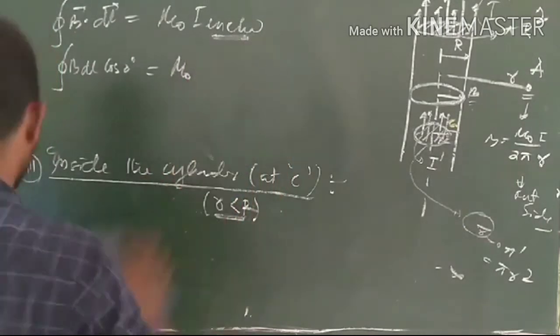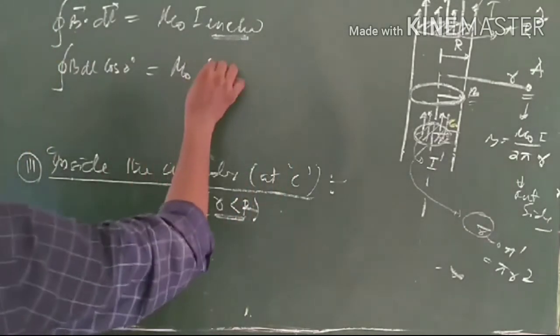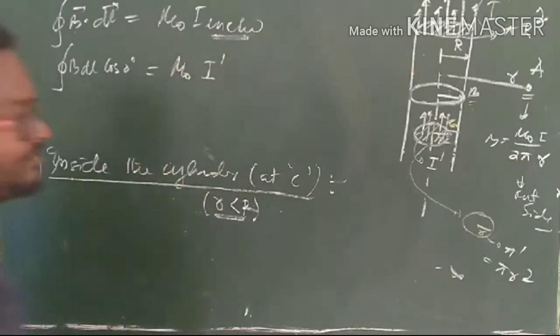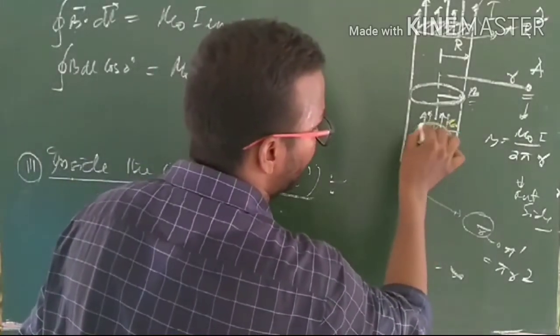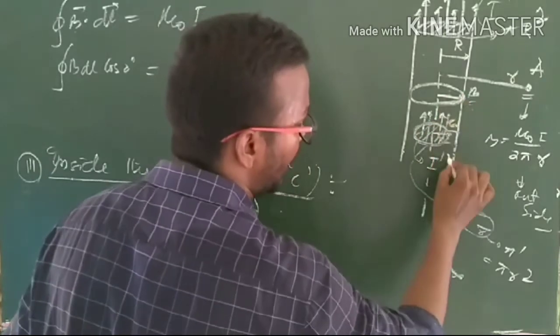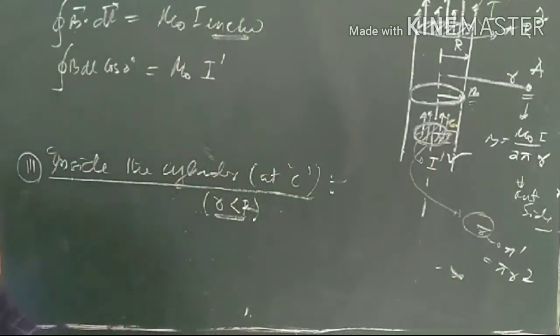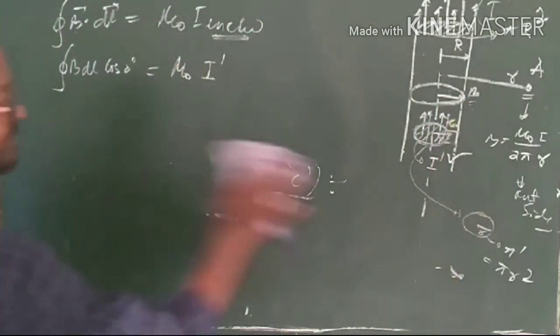First we have to find what is I enclosed. So I enclosed equals I dash, because the current flowing through the Amperian loop is I dash. First we have to find the value of I dash.